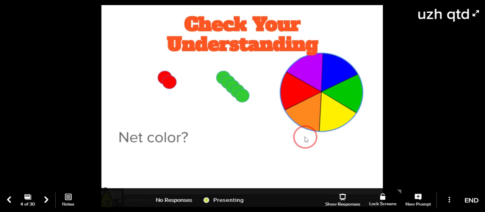So that means your 3 extra green outweigh the 2. Let's try it again. What's the net color in this instance?